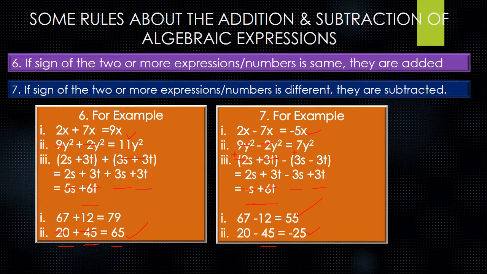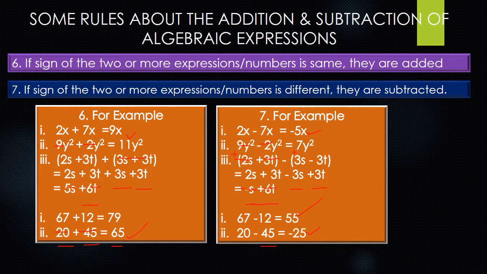We cannot subtract them; if I subtract them, it will be wrong. Like terms with similar sign can be added into one term. And rule number 7: if the sign of the two or more expression terms is different, they are subtracted. So if the signs of the like terms are different, they are subtracted.